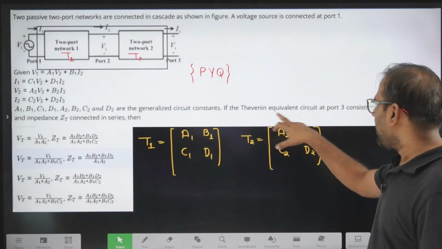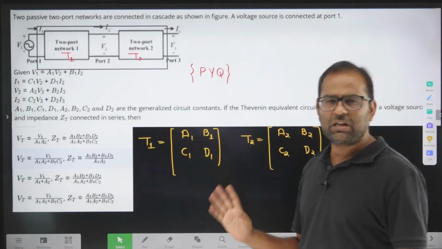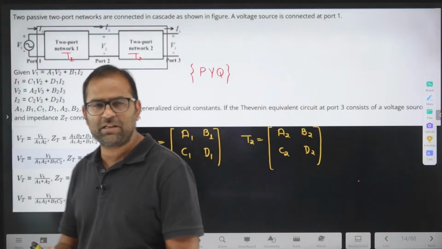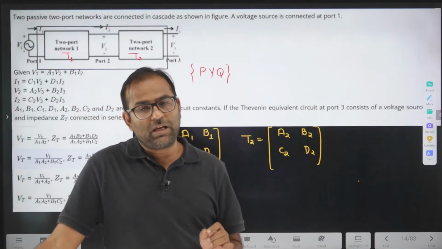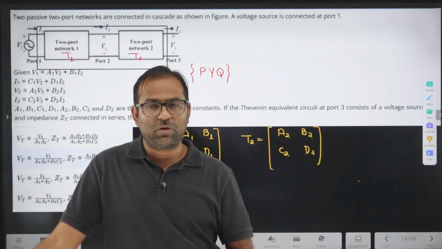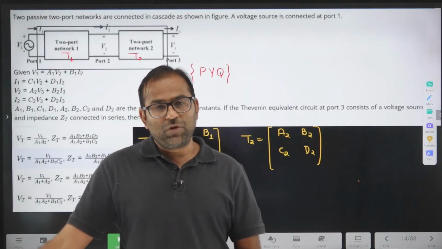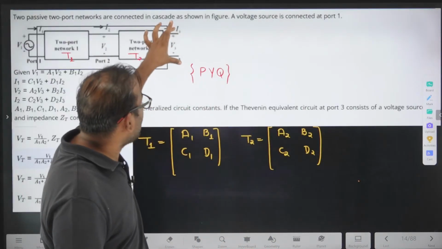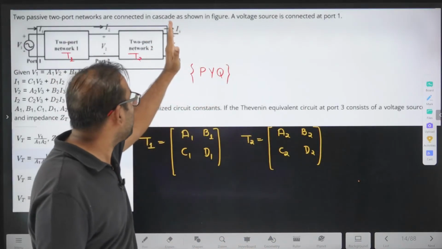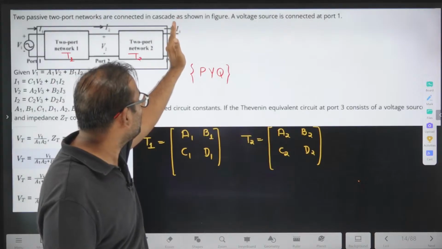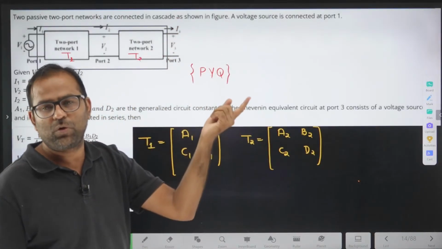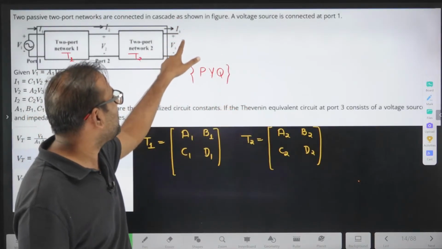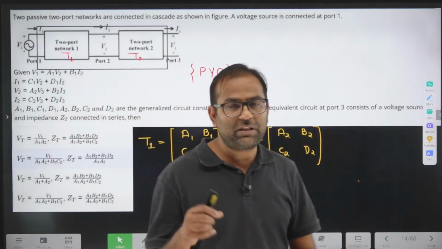If we are interested in the Thevenin's equivalent, what is the basic theory? The basic theory is very simple. If you are interested in the Thevenin's voltage, then remove the load and calculate the output voltage. By making I3 equal to 0, the value of V3 will be the Thevenin's voltage.